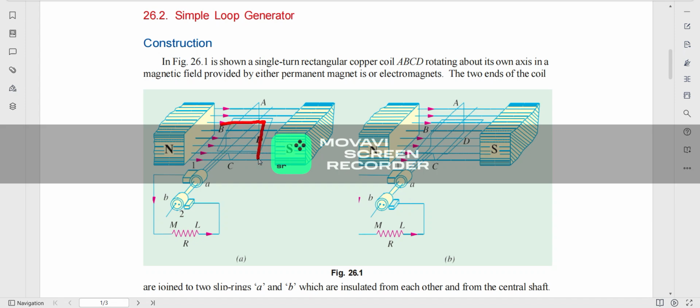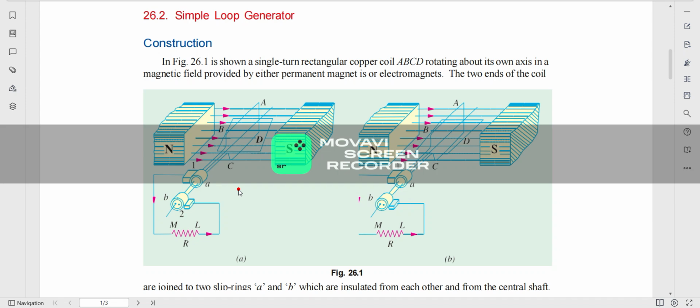The coil sides AB and CD are cutting no flux but moving parallel to it. This is our flux lines, and the conductor is placed parallel to them. Since both are parallel, no flux cutting occurs in this coil, so there is no EMF generation. EMF will be 0.